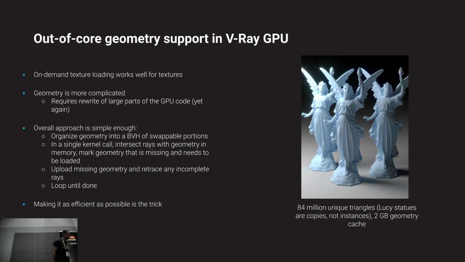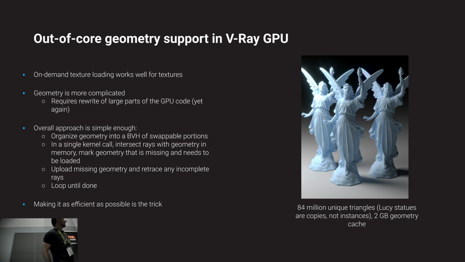We can intersect the rays that we have currently with what's on the GPU already, and if there's a piece of geometry that is needed to intersect with some ray, we can record this and then upload it to the GPU and repeat the whole process until we are done with the intersection of all the rays. And this works, and of course the trick is making it as efficient as possible.